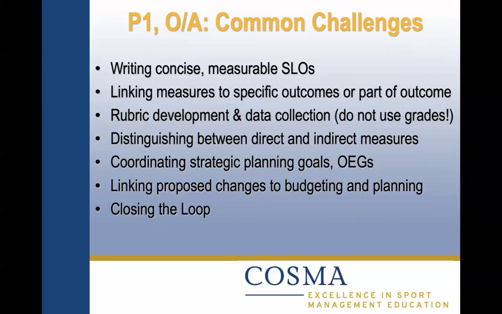So have you used that system to help develop not only your own strategic plan, but your operational effectiveness goals? And how are you basically saving yourself time and energy by providing the information that multiple people want to see? So they're looking for those connections. And they do want to know how any of the changes that you propose are linked again to budgeting and other planning and closing the loop.